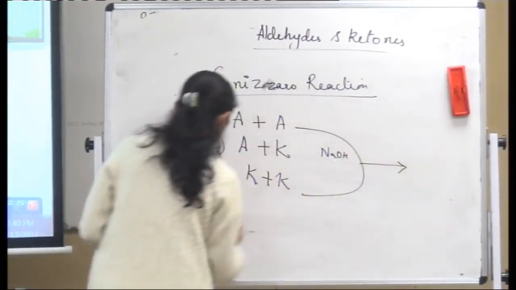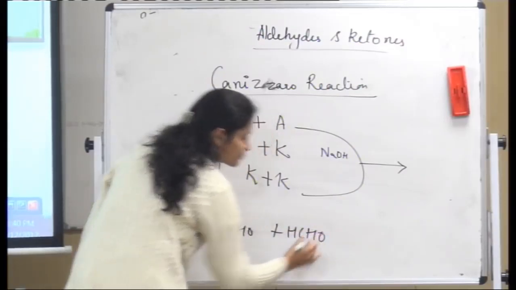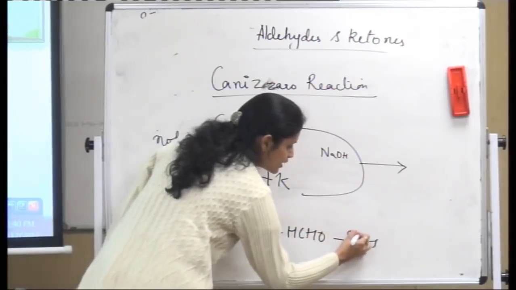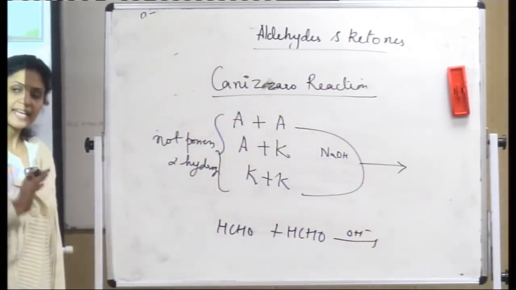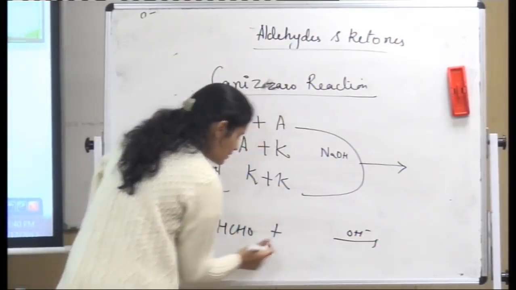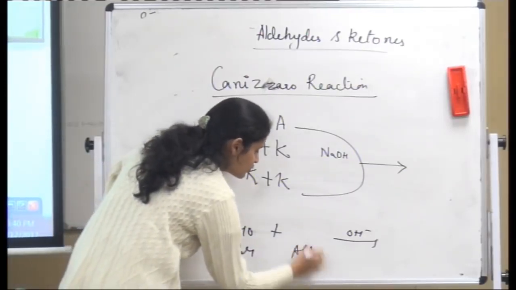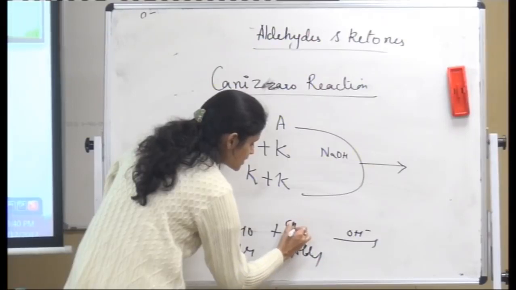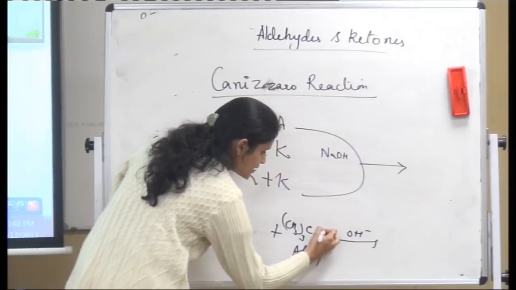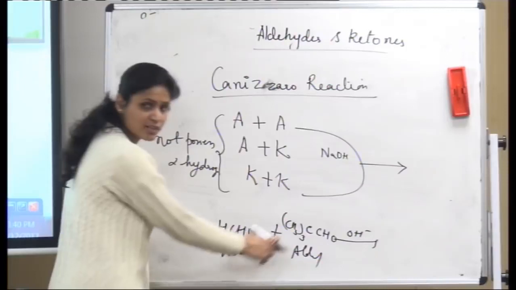Suppose I am saying that there is a reaction between HCHO and HCHO, formaldehyde, right? In this case, the reaction that would occur will be known as the Cannizzaro reaction. But when I am taking one aldehyde and a different aldehyde, suppose (CH3)3C CHO, does this molecule have alpha hydrogen?